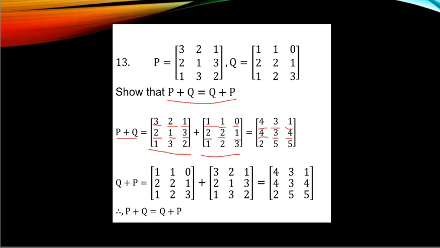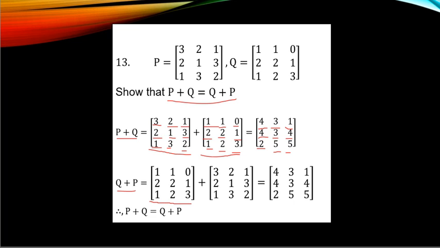You move to the third row, the first entry, 1 plus 1, that is 2. 3 plus 2, that is 5. And 2 plus 3, that is 5 also. Then you take Q plus P. In this order, you write matrix Q first.